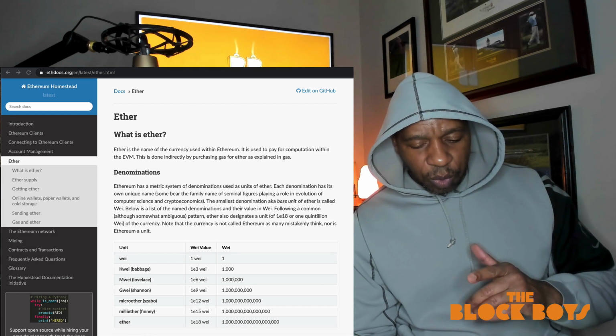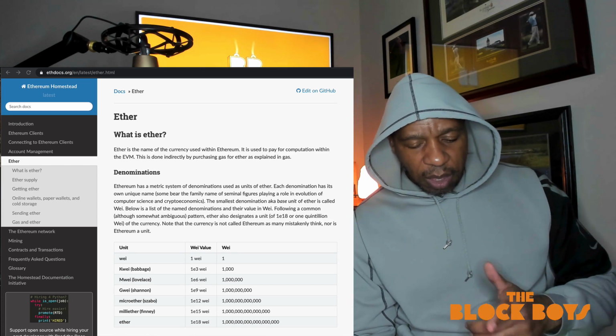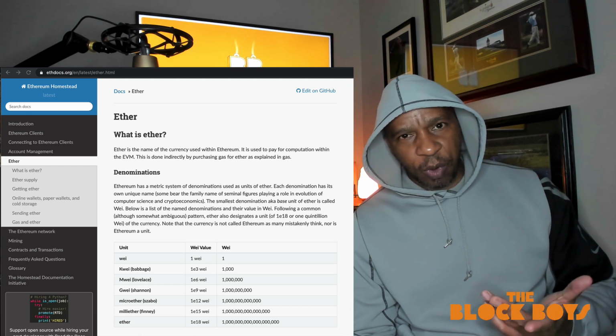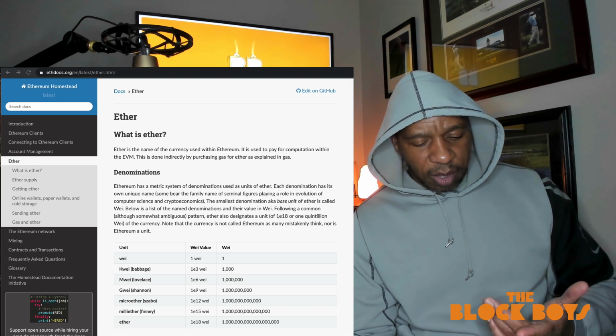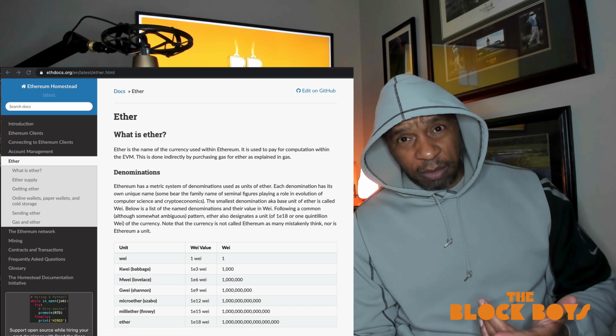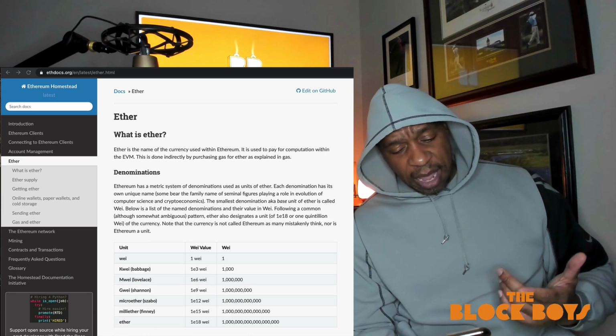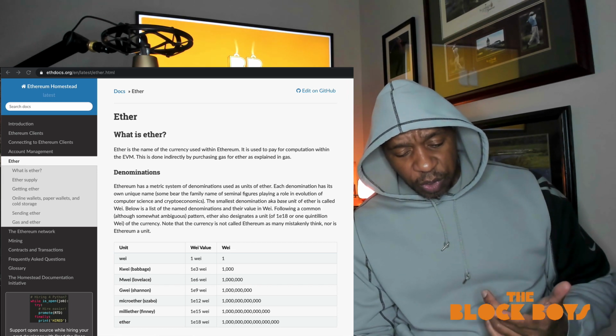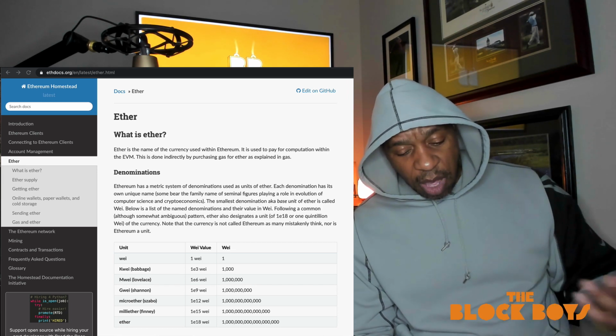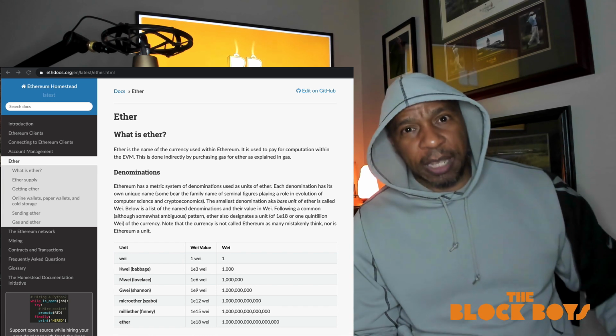So the interesting thing though is the kilowei is also referred to as the Babbage. The megawei is referred to as the Lovelace. The gigawei is referred to as the Shannon, and the micro ether is referred to as the Szabo, and the milliether is referred to as the Finney.